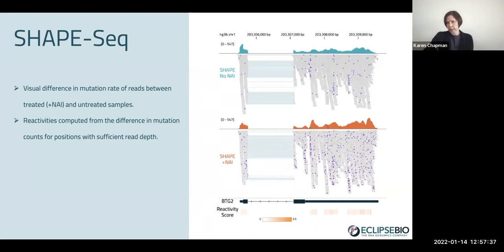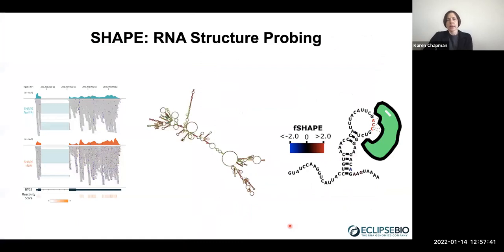So that's what CHAPE is in a nutshell. And as I mentioned, the objective with this CHAPE data is to get a more accurate sense of what areas of the RNA are stably base paired versus relatively accessible.